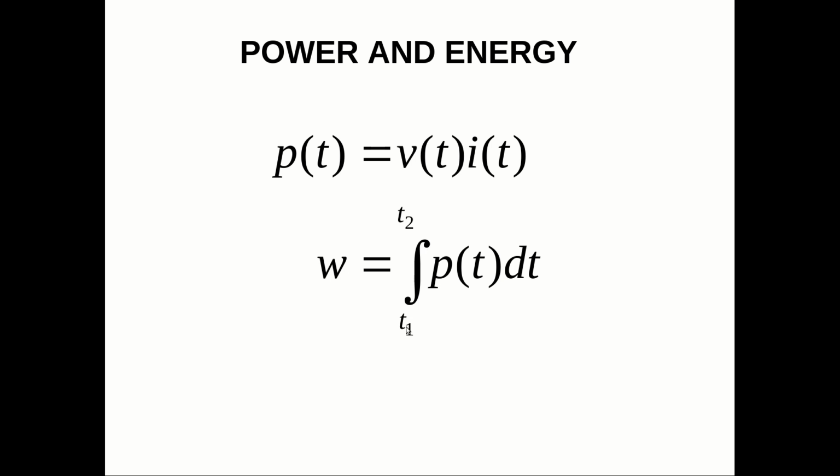So you will take it over some time of running the circuit, from T1 to T2. So the integration of the power with respect to T is the energy that's absorbed or transferred in this period.